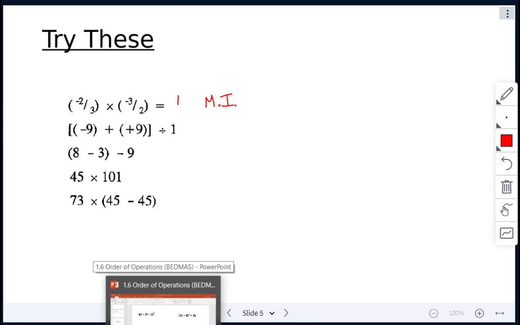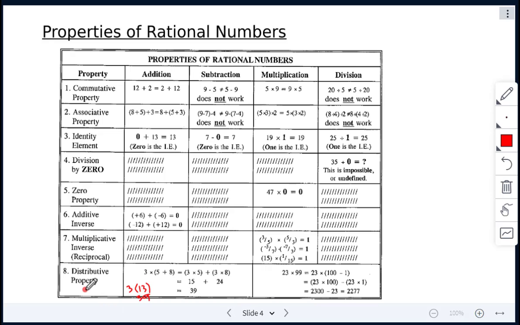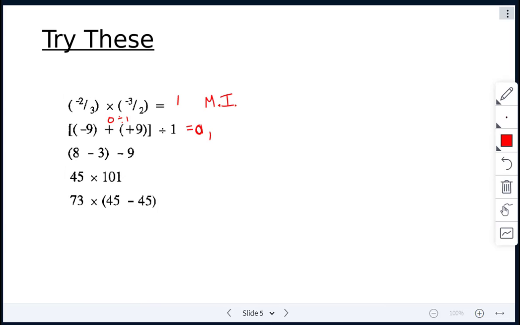So we are ending up here with 0 divided by 1. The answer is 0, not 1. And the property I used was the additive inverse property. I'm just going to call that AI.